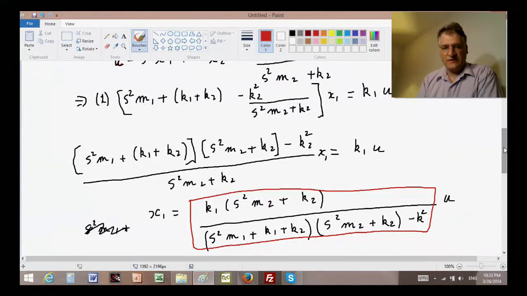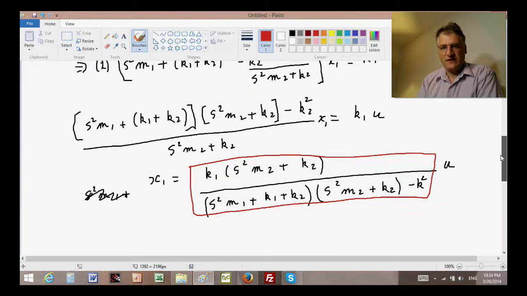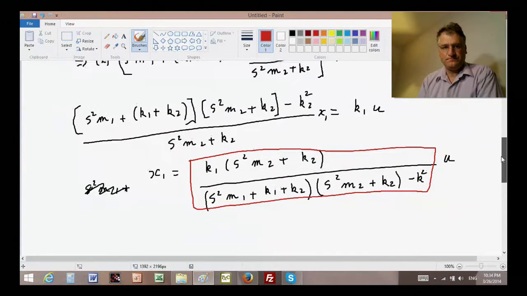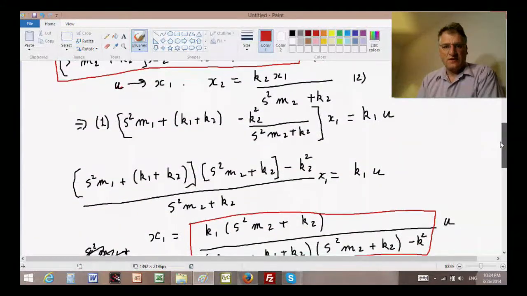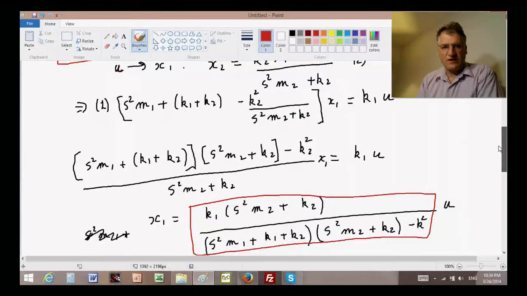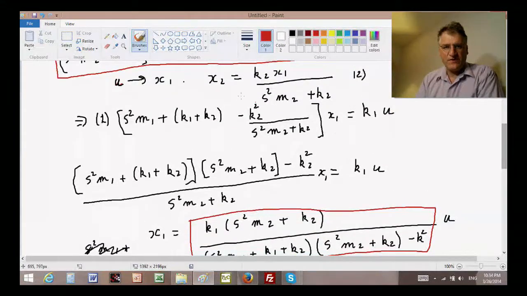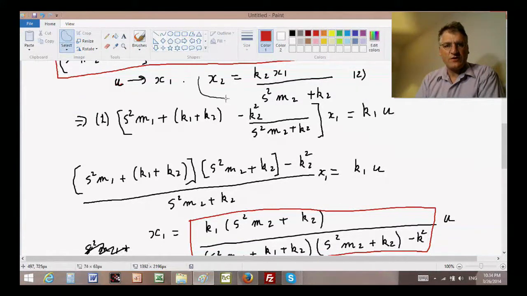We will analyze some of its details later. Now we can write that with the expression for x2 from this expression that we will copy for the sake of convenience.